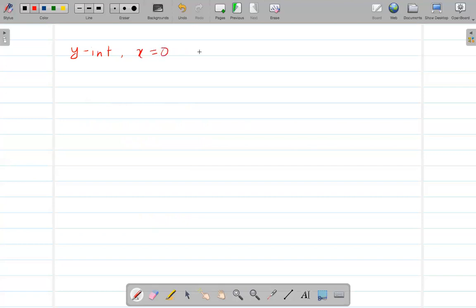You can take this like a formula, all right? At the y-intercept, x is always 0, and at the x-intercept, y is 0. So you can take this as a formula.